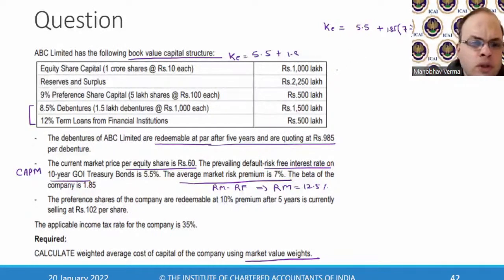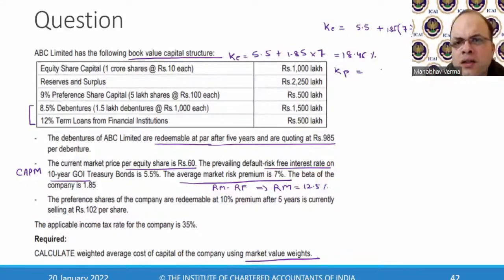Now, what about the cost of preference shares? Redeemable preference shares, guys. So for the preference shares, we're talking about a 9 here. And the preference shares are redeemable. They're currently selling at 102.